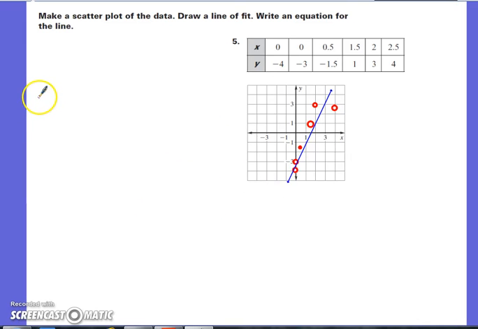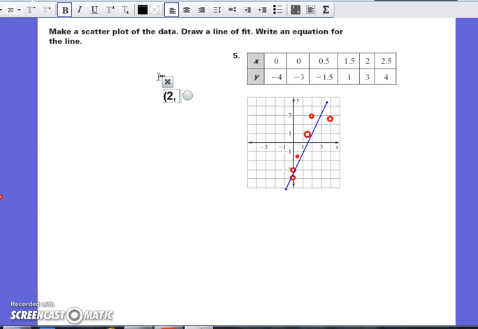So I am just going to use the point 2, 3, and the point, I don't know, 0, negative 3, to find all the things I need. So first thing is our slope. And that's going to give me negative 3 minus 3.